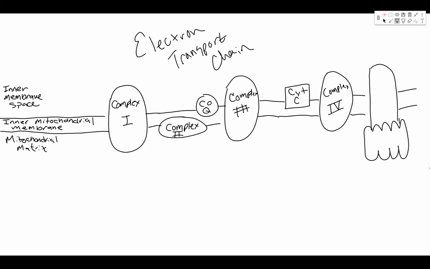This is ATP synthase. We'll talk about why ATP synthase is so important in a minute. This is where the magic happens. This is how we get most of our ATP from our glucose. This is the stage on which the meat of cell respiration happens.